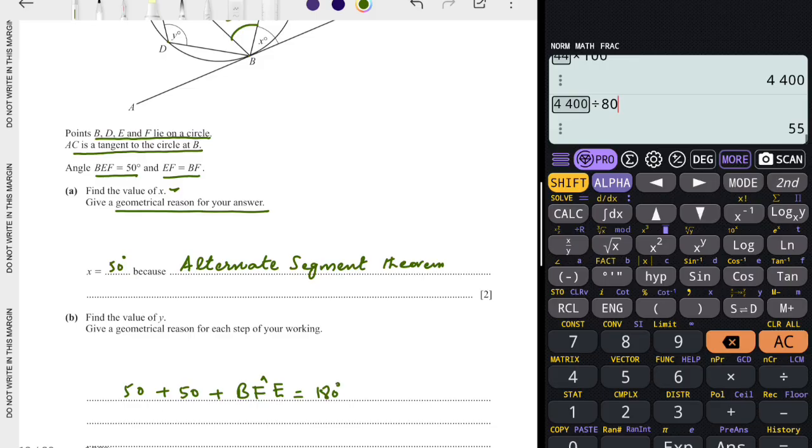So it becomes 100 plus BFE is equal to 180. Now 180 minus 100, so this angle would be equal to 80 degrees.